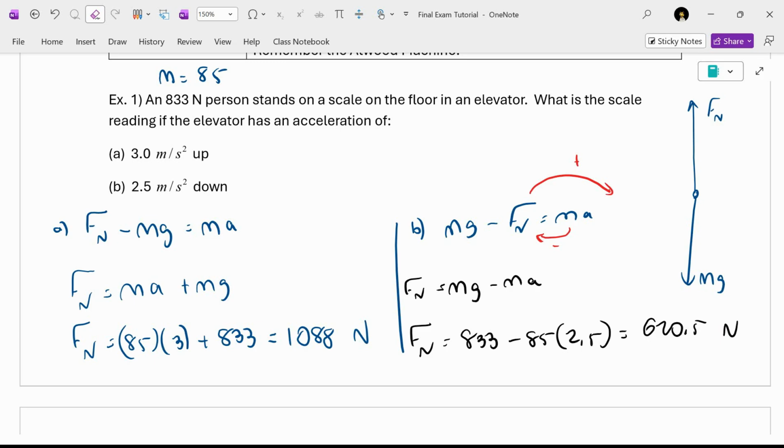If I rounded that to 3 sig figs correctly, would I write 620 or 621? Okay, just saying. What if I wanted that in kilograms? Divide by 9.8, and you'll see, yeah, this person feels lighter.